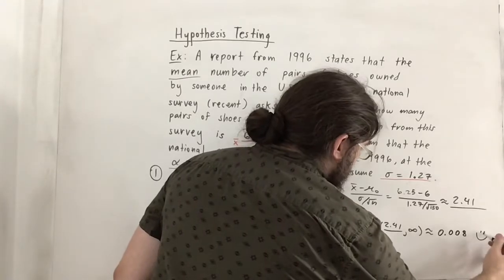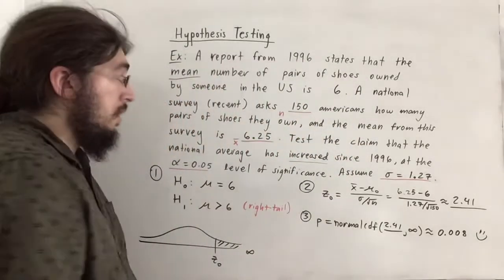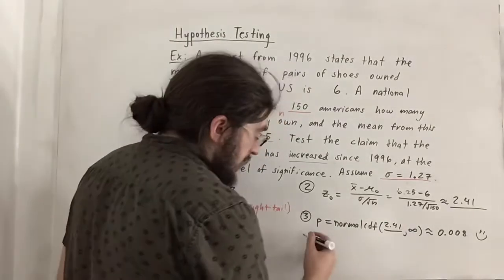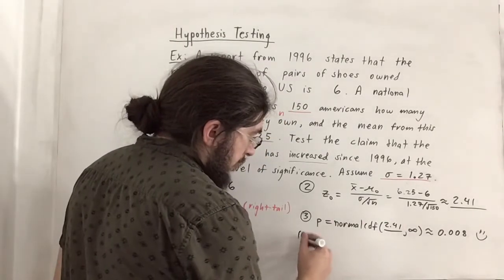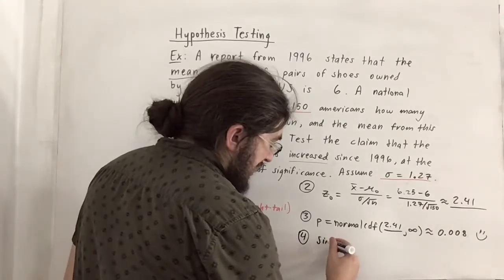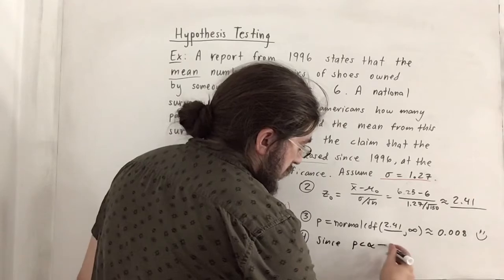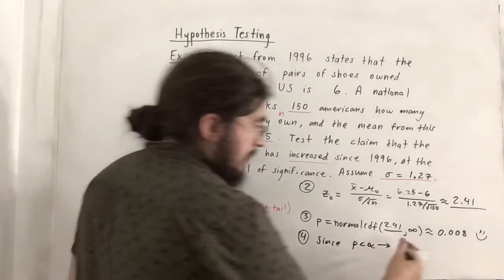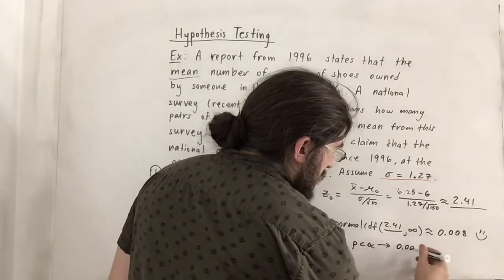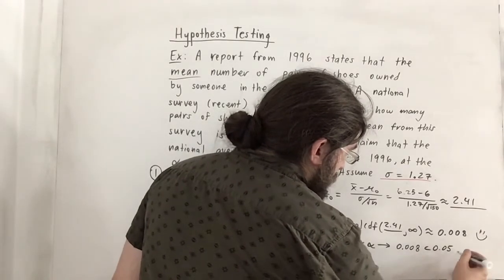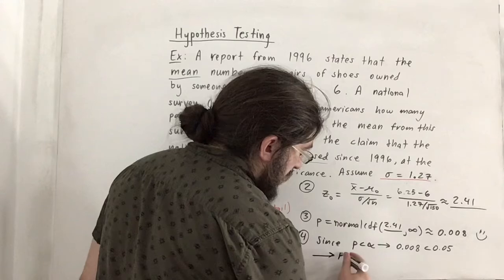That makes me very happy, because it's less than our level of significance, which is 0.05. So because of this, for step 4, since our p-value is less than alpha, what this really says with the values is 0.008 is less than 0.05, so that implies that we reject the null hypothesis.